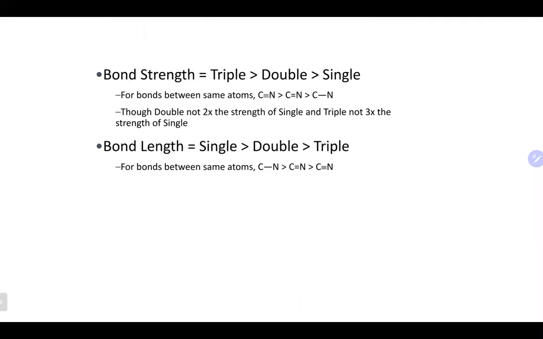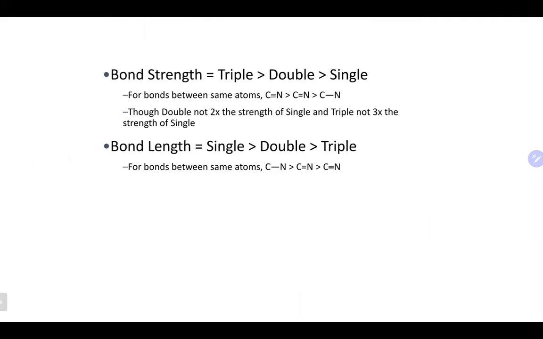How that relates to bond strength is that a triple bond is much stronger than a double bond, and a double bond is much stronger than a single bond. They're not twice as strong or 3 times as strong, but that's the general trend. So for length, single bond is longest, double bond gets smaller, triple bond gets smaller, and for strength, triple bond is the strongest.